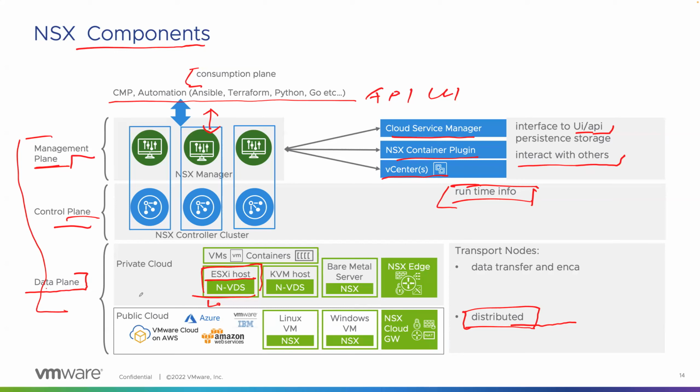And we have different forms of data planes. For example, NSX supports ESXi host. In the vSphere environment, we also support KVM, but in version 4.0 we don't support KVM, so just skip it.